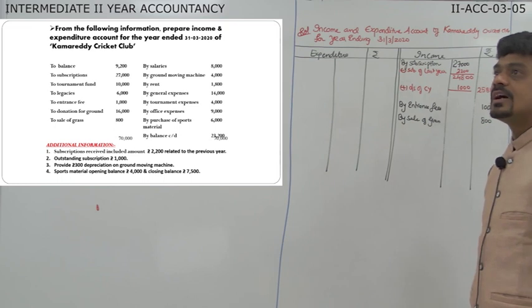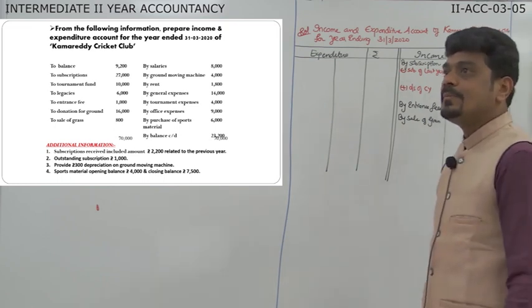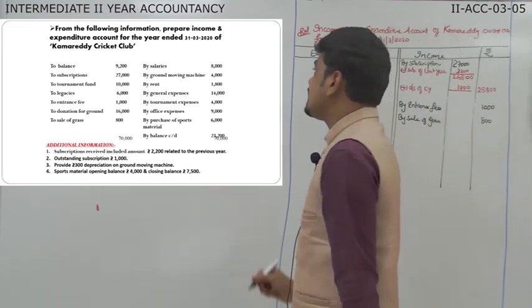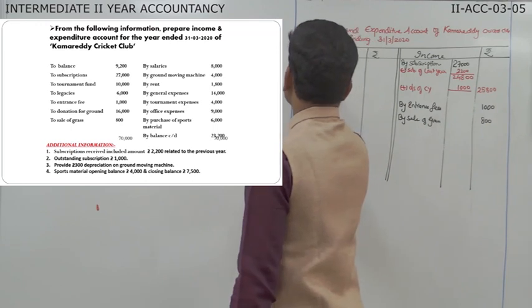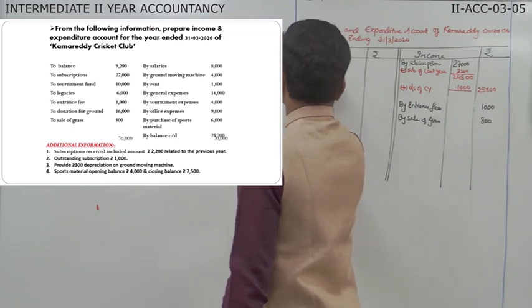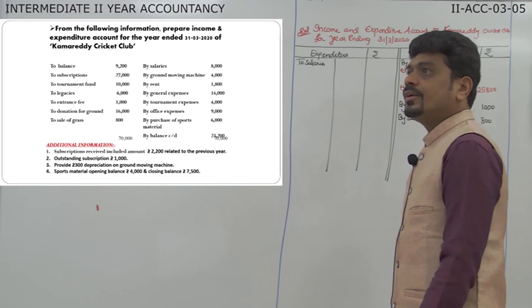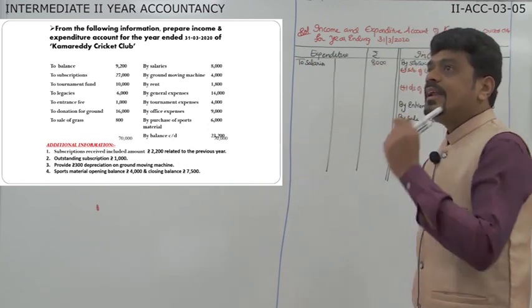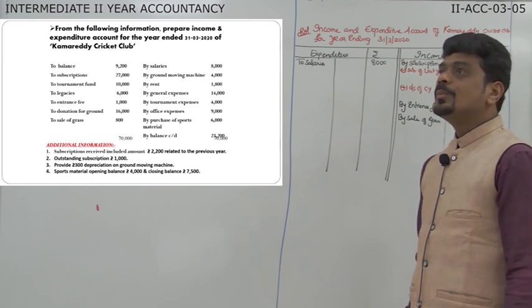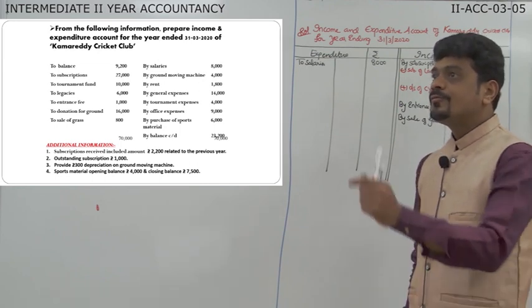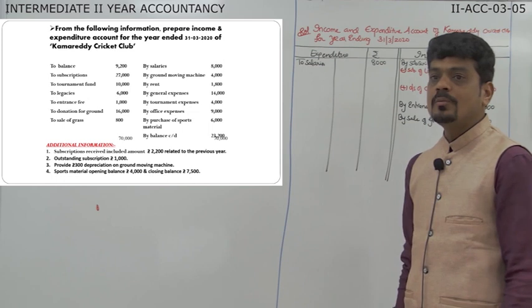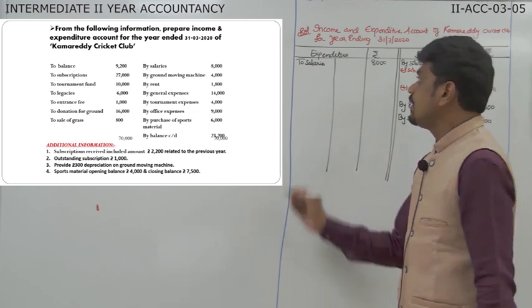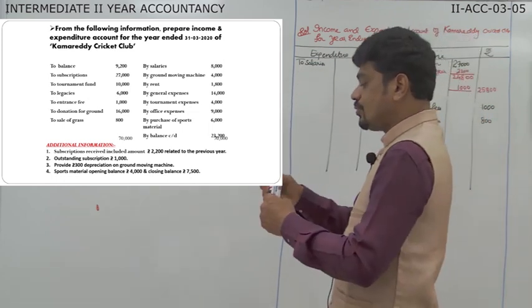All the receipts are over. Coming towards payment. First payment, salaries. Any adjustment? No. So amount 8,000. Second, they gave ground moving machine, and for that they gave depreciation. How much depreciation they told? 300. So alone depreciation we are going to write.